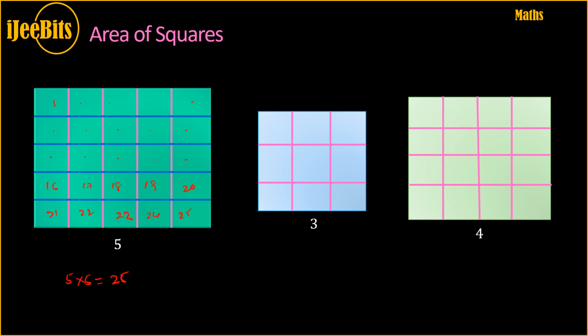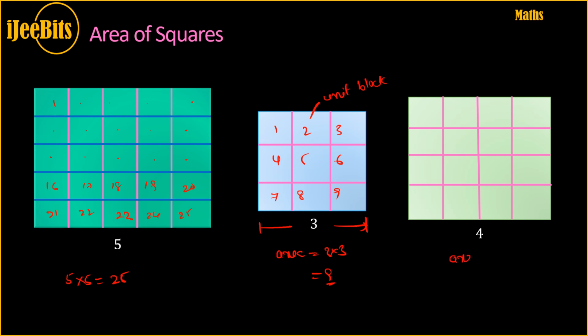Okay, now let's look at this one. I have 1, 2, 3, 4, 5, 6, 7, 8, 9. For this small square, if my side is 3 units, then the area is 3 into 3, right? This is 9 units. So I have 9 unit blocks here. Let's look now at the one with 4.